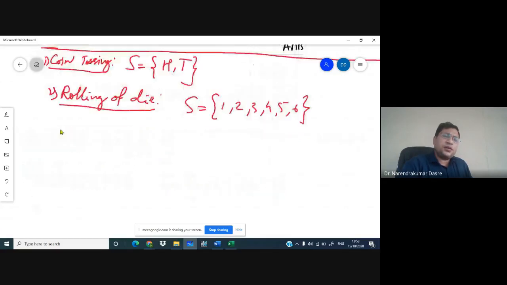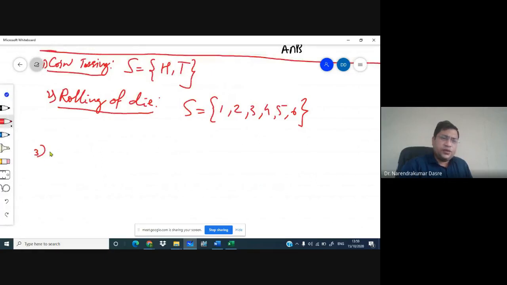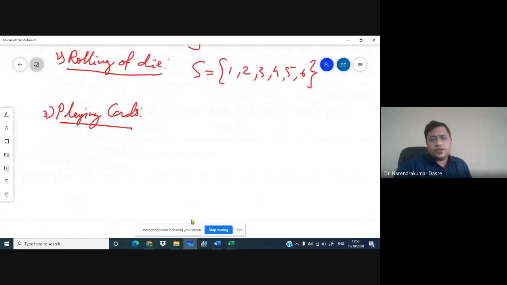Okay, and the third classical example that we consider is playing cards. So we need to understand this playing cards. How many of you know the playing cards?